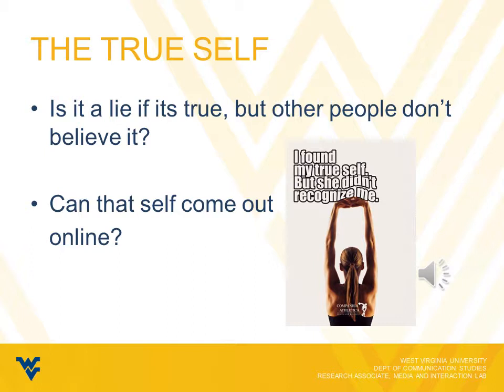And there are those that have suggested that this true self can come out more online. Some research conducted by Bargh and his colleagues has suggested that because of some of the characteristics of the channel that we've talked about before, earlier, and even in probably part 1 of this MOOC, you're better able to be free and to be yourself online.